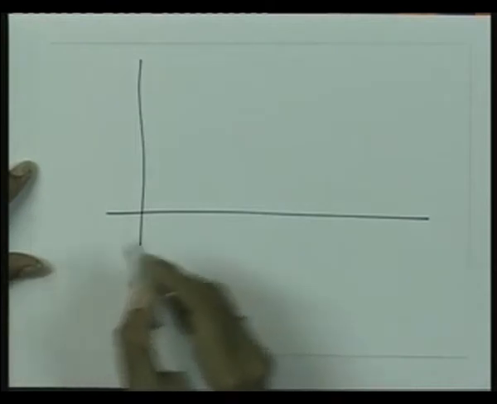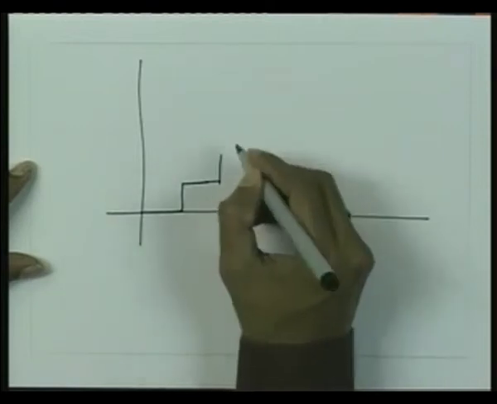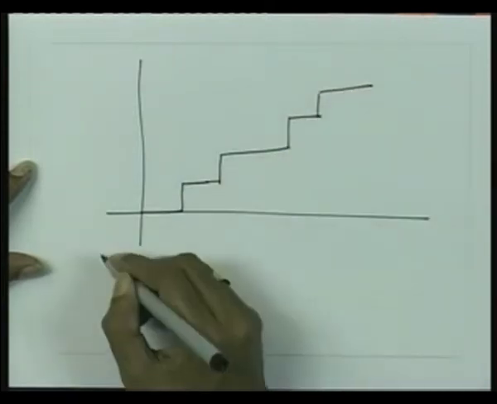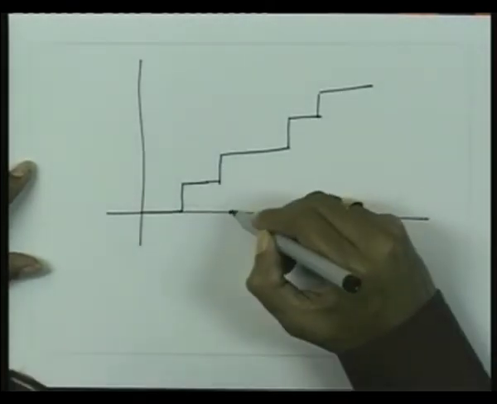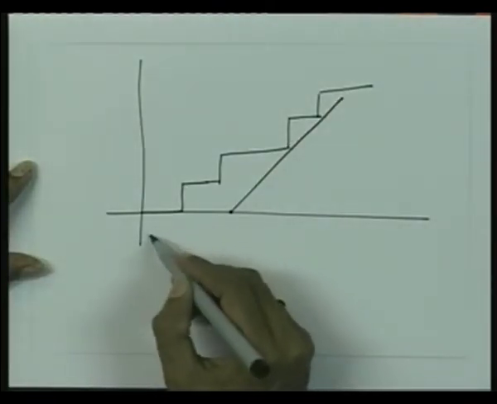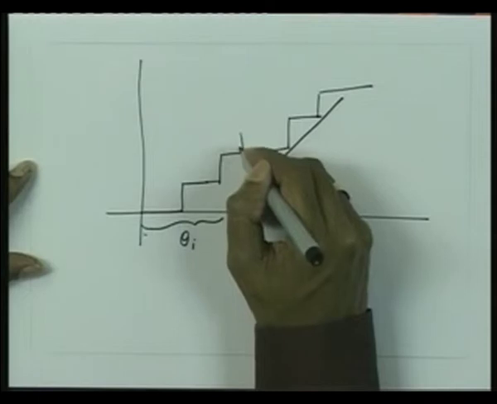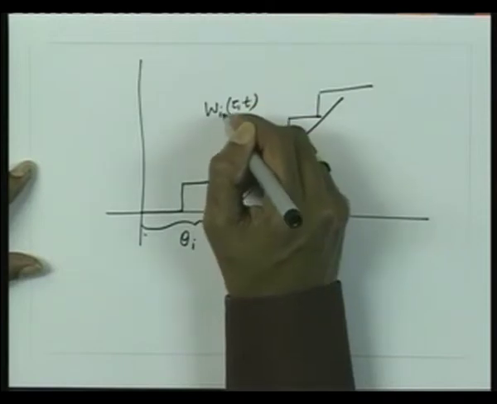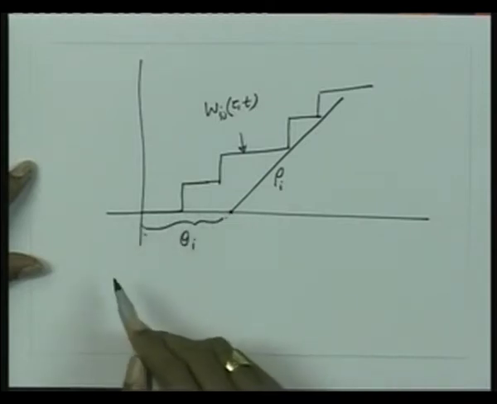This is the service W_ij(tau, t), here is the minimum duration theta I, and this has a rate of rho I. This is what is called the latency of the server.